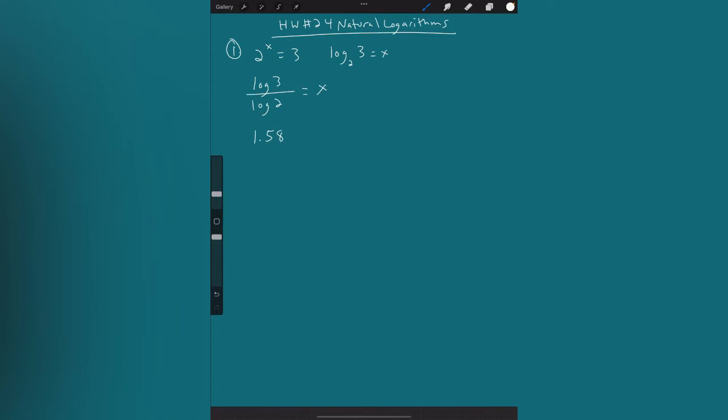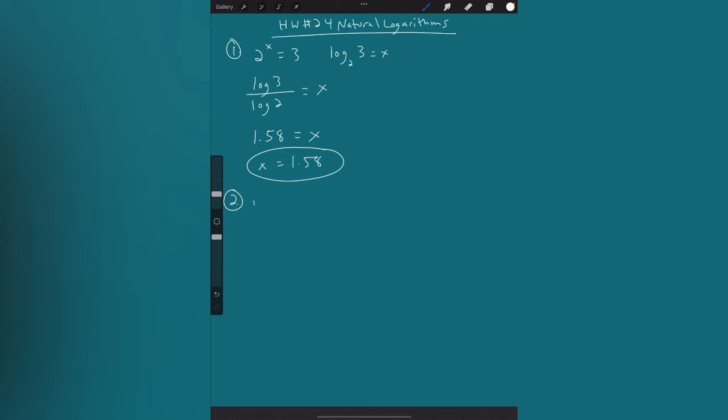It tells me to round to the nearest thousandth, so the nearest hundredth place, 1.58. This can be my answer. So, 1.58 is equal to x. I can flip it around. X equals 1.58. There you go. And that's number one.